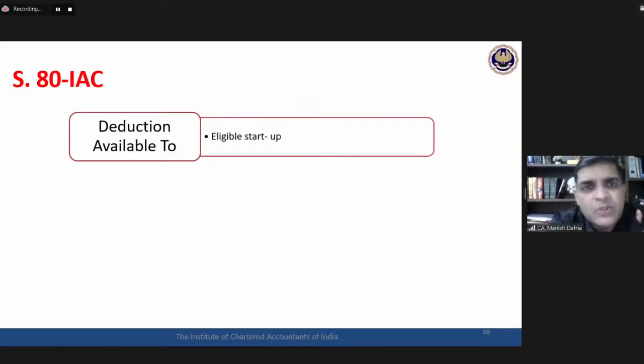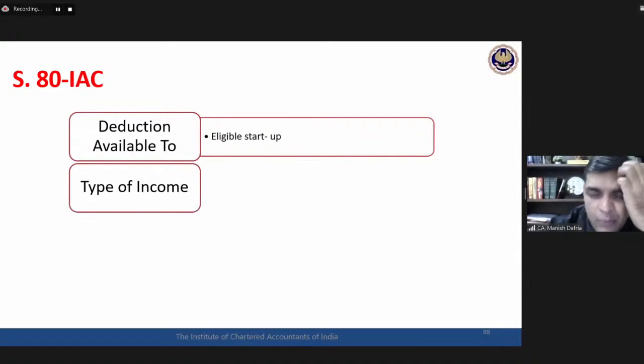Fine. So deduction under 80IAC is available to any eligible startup. My assessee, my entity, should be an eligible startup. In examination, if they have given that the assessee is an eligible startup, then only I need to consider this 80IAC as a deduction.